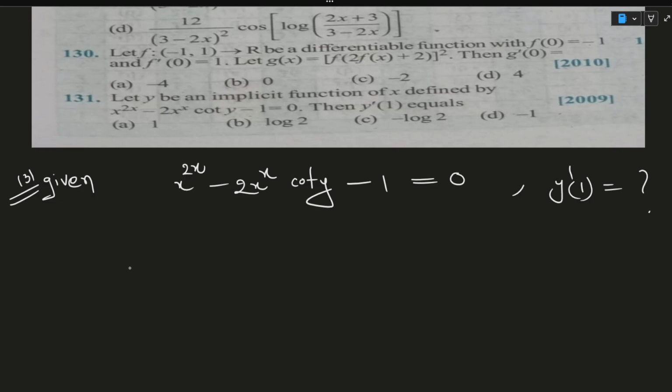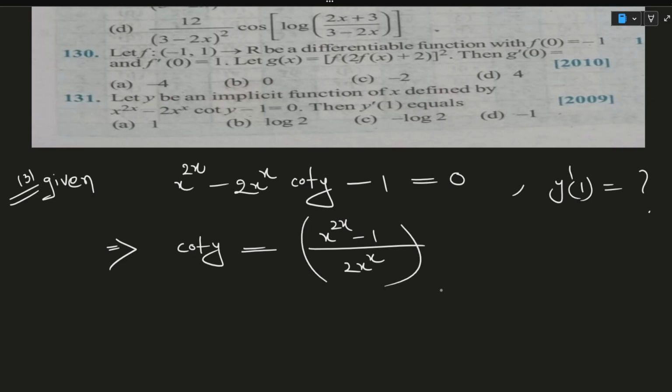So what we'll do here, we will separate the y and x terms first. So if we separate, then we'll get cot y is equal to x to the power 2x minus 1 by 2 to the power x by x.